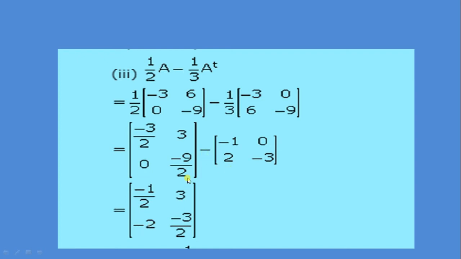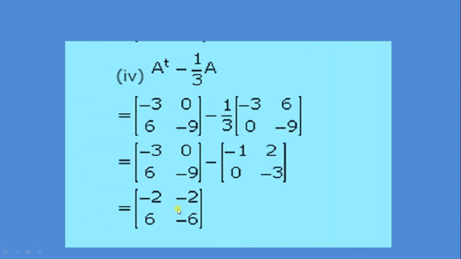And the fourth element, minus 9 by 2 minus of minus 3 is minus 3 by 2. Even in the fourth element, we have the subtraction of a fraction and a number. So do the calculation in the margin by taking the LCM, simplify it and write down the solution as the fourth element.